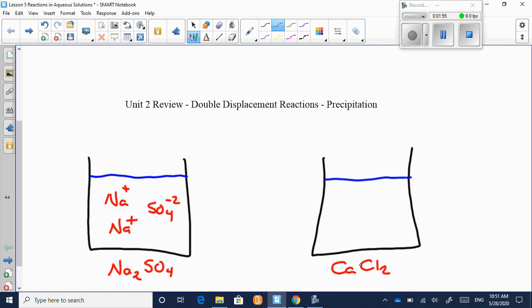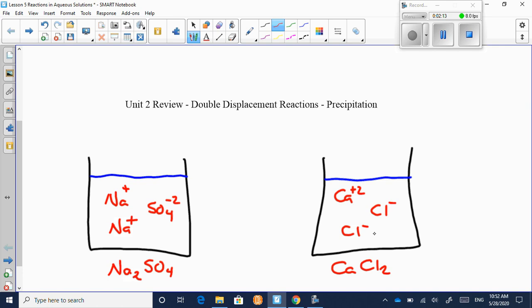I know the subscripts because calcium's a +2 ion and chloride's a -1, so that's calcium chloride. When I add it into this beaker, I get calcium +2 and these chloride ions.